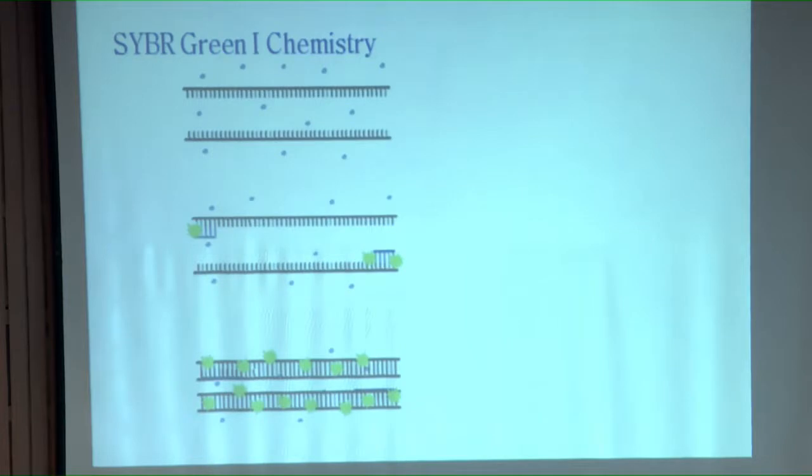So remember this point. Now what happens in the first cycle? The double-stranded DNA is converted into two single-stranded DNA. Right? And in the first cycle, the polymerase chain reaction starts, and it becomes two double-stranded DNA at the end of your first cycle, correct? Now in the process, the specific property of SYBR Green is that this dye can go and intercalate in the minor groove of double-stranded DNA.